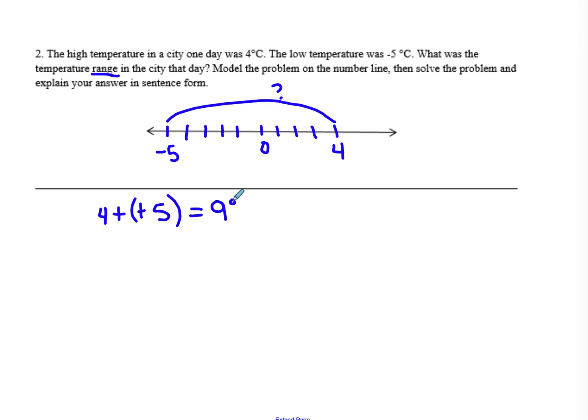This is going to be degrees Celsius. They ask for a sentence. So I'm going to write a sentence. The range in temperature is 9 degrees Celsius.